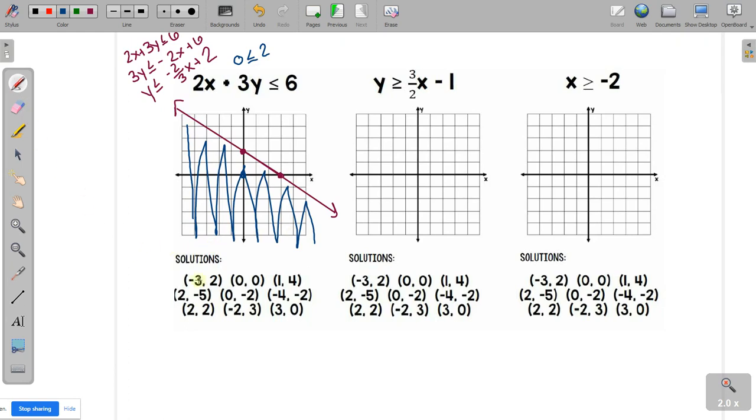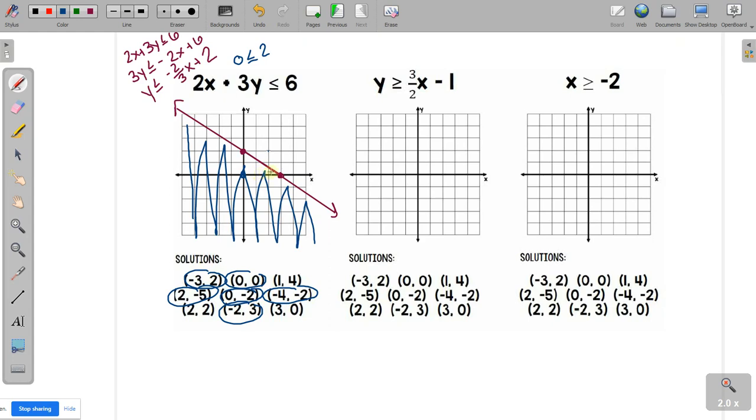So let's test our points. (-3, 2) is a solution. (0, 0) is a solution. (1, 4) is not. (2, -5) is. (0, -2) is. (-4, -2) is. (2, 2) is not. (-2, 3) is on the line, so it is a solution because it's a solid line.